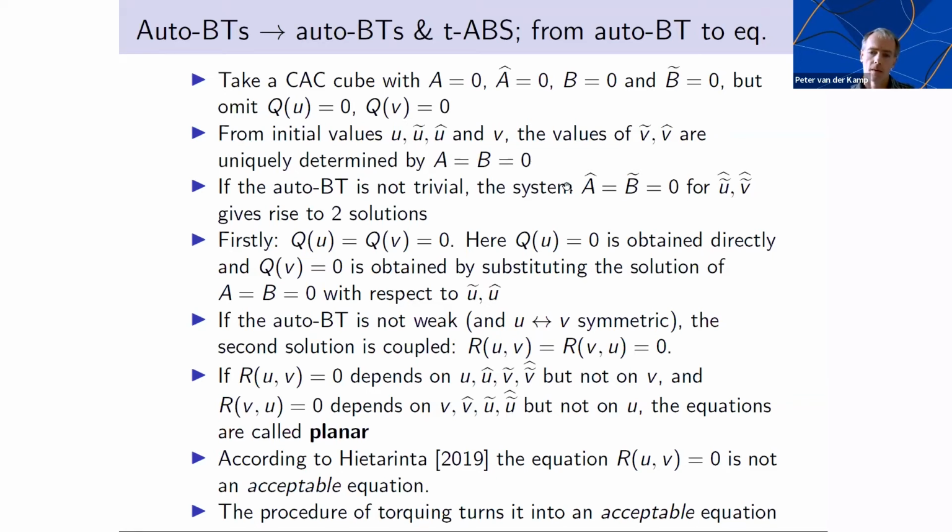And then if we go further, we try to find U tilde hat and V tilde hat, then we get two solutions. And one solution is going to be the omitted Q equations. And you can write them in different forms depending on different variables. And one way of writing them is in tetrahedron form, but I will come back to that.